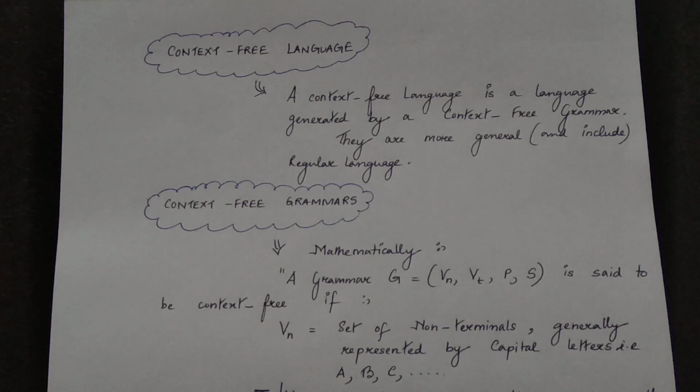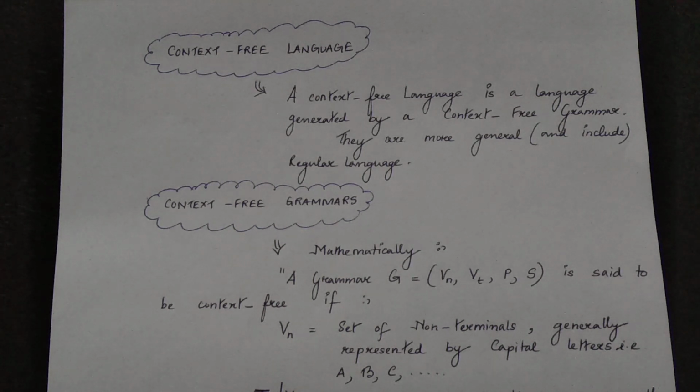If I ask you how to find a context-free language, the main question that comes to mind is that you first have to generate the context-free grammar. Based on the context-free grammar only, you are able to find the language, which we will implement today.